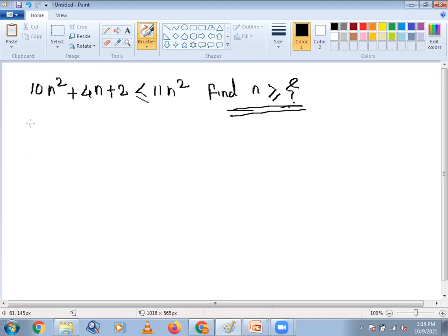So here put n is equal to suppose 2. So 10 into 2 bracket square plus 4 into 2 plus 2, which is equal to 50.